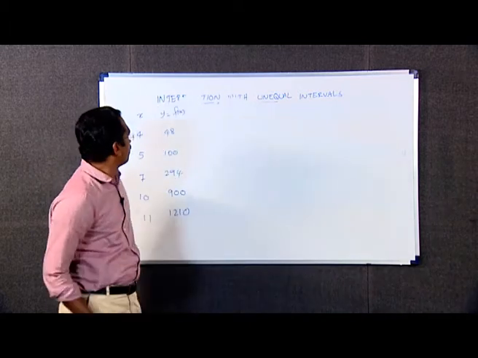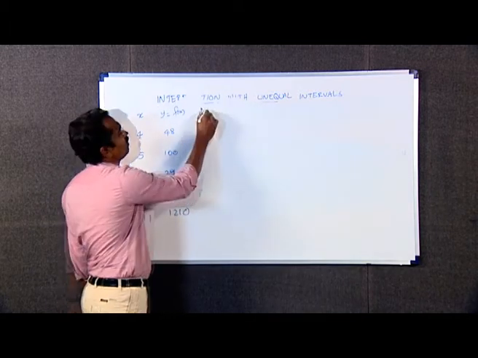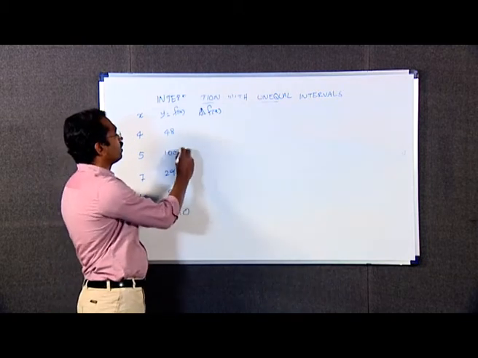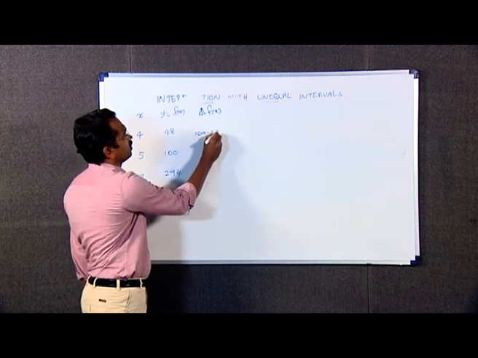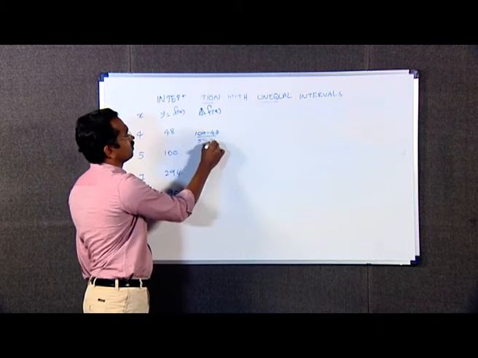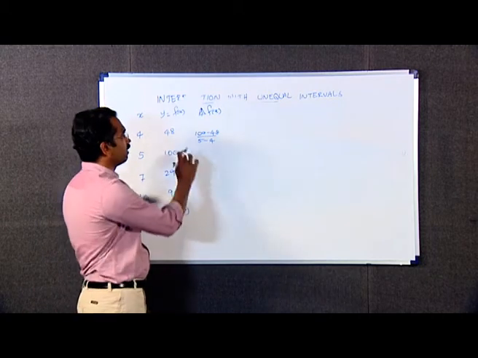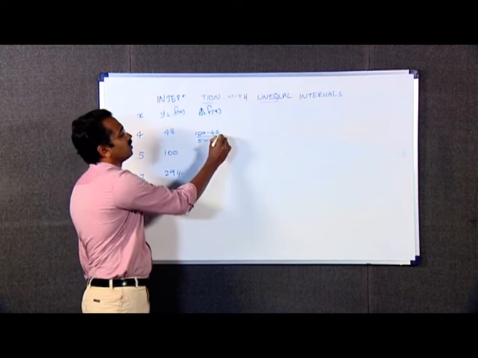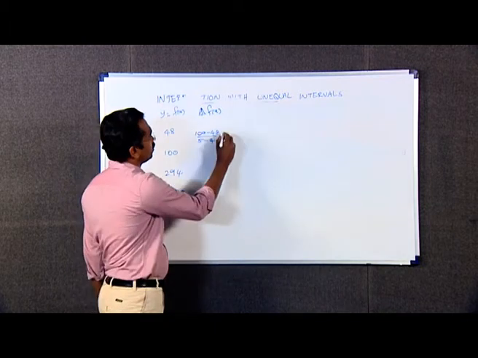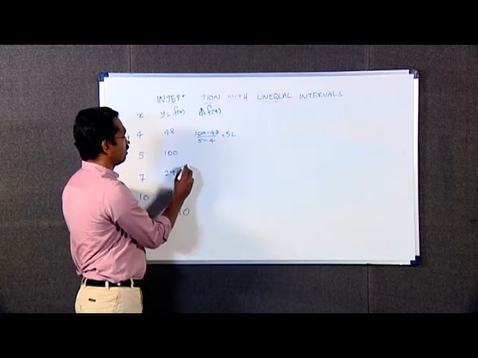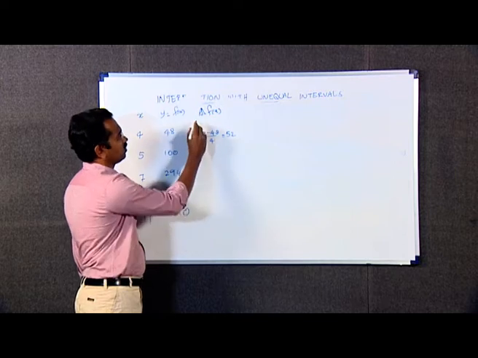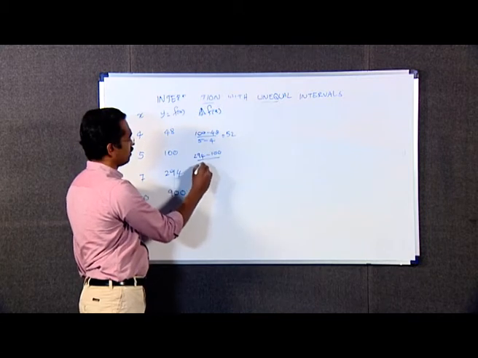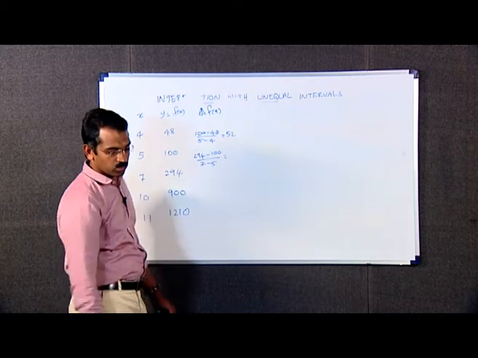The first order divided difference is divided delta f of x or divided delta y are 100 minus 48 divided by 5 minus 4. In the divided differences, we have to consider the changes in arguments also. This is equal to 52. The next first order divided difference is 294 minus 100 divided by 7 minus 5, which is equal to 97.